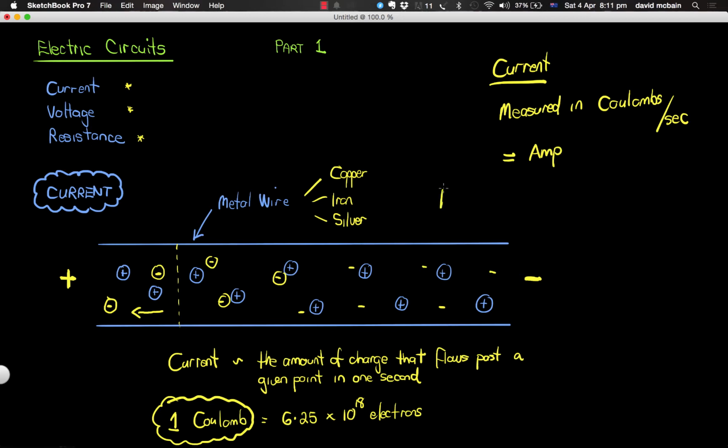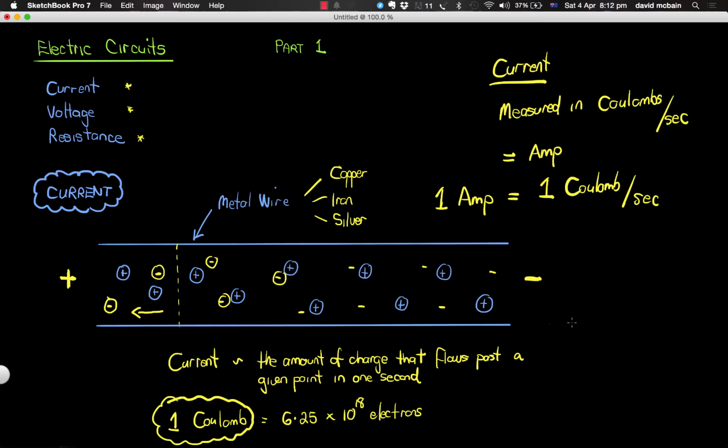So 1 amp, which is short for ampere, of current means that 1 Coulomb of charge is passing this point every second. 1 Coulomb per second.